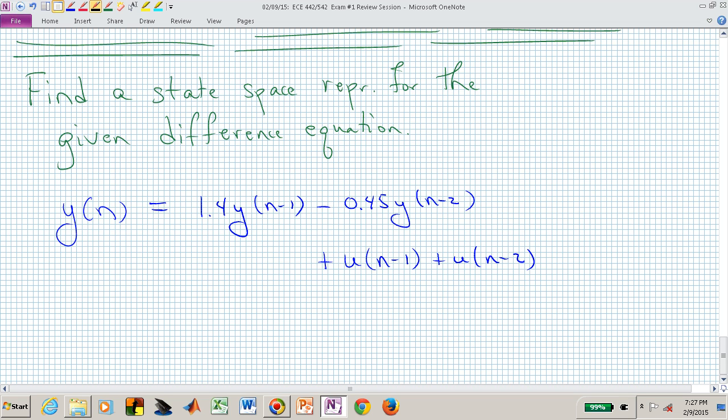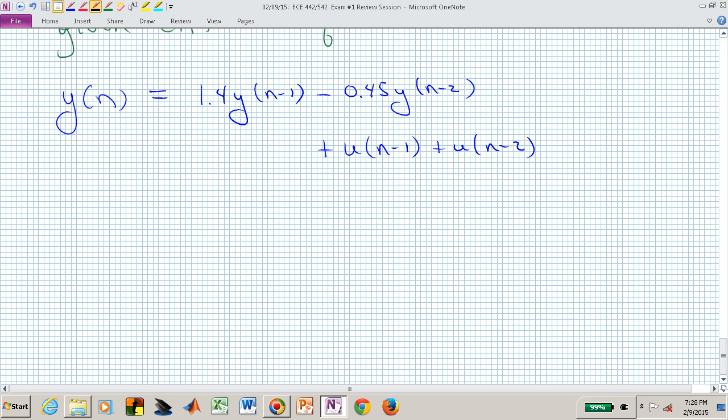That's what this represents. I'm going to go over a different way to find a state space representation from this. You can look at the solutions for the homework. Maybe I included this already, but the other way is what I tried to explain in words in problem 3 on homework number 2.